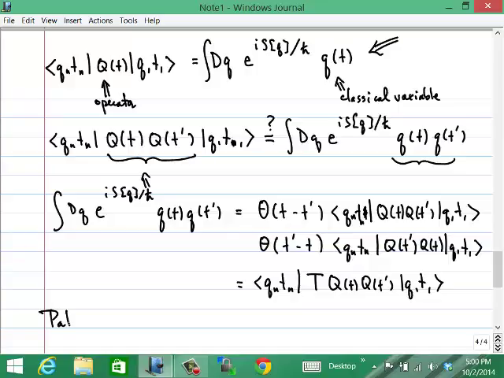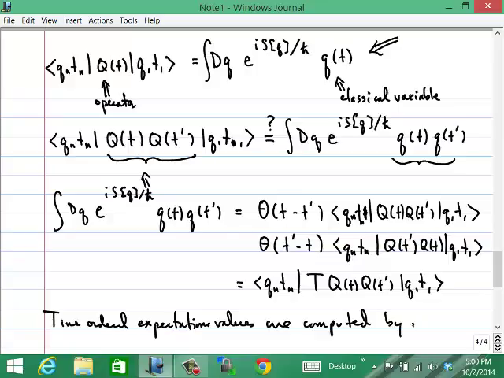So the path integral naturally computes time-ordered expectation values simply by inserting them as classical variables in the path integral. Any questions on that before I continue? Yes.